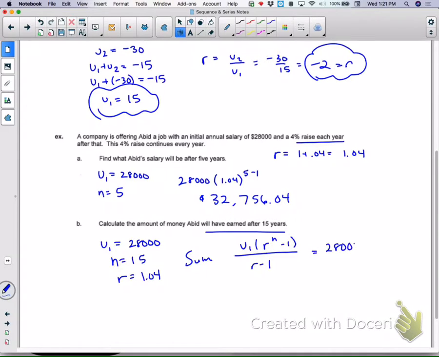So 2,800 times 1.04 to the 15th power minus 1, over 1.04 minus 1. And we end up with $560,660.45. Now you could find all 15 years and add them up, but man, that would take a lot of time.